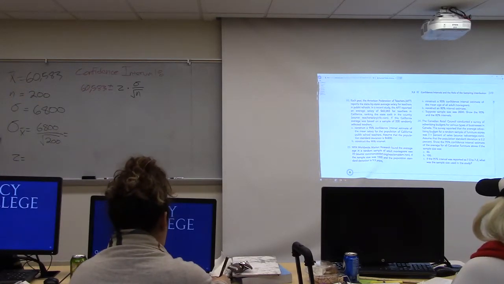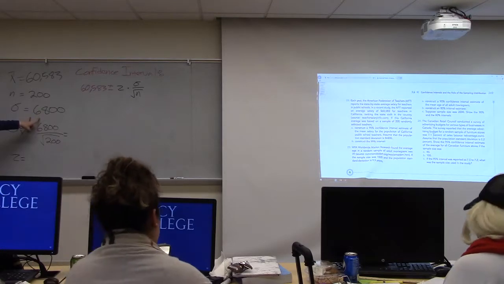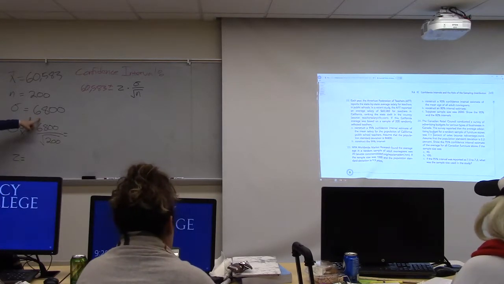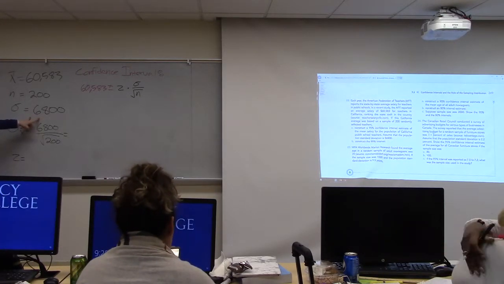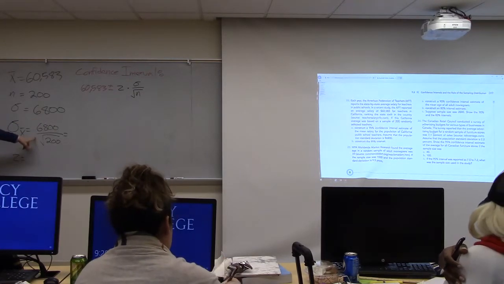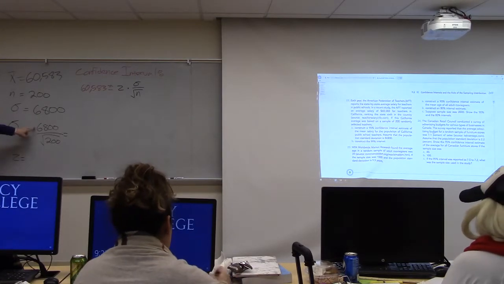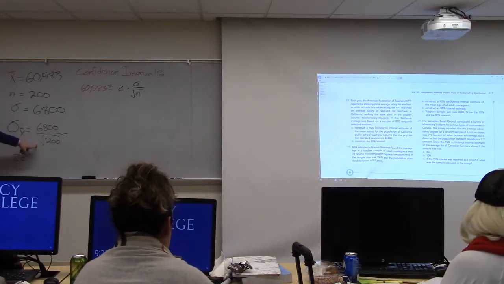The great thing about this standard error is it is less than the population standard deviation, so we don't have to go plus or minus 6,800 two times. That would be crazy. Because we're using good sampling techniques, we can make a smaller standard error, tighter confidence intervals. What do we get when we take 6,800 divided by the square root of 200?